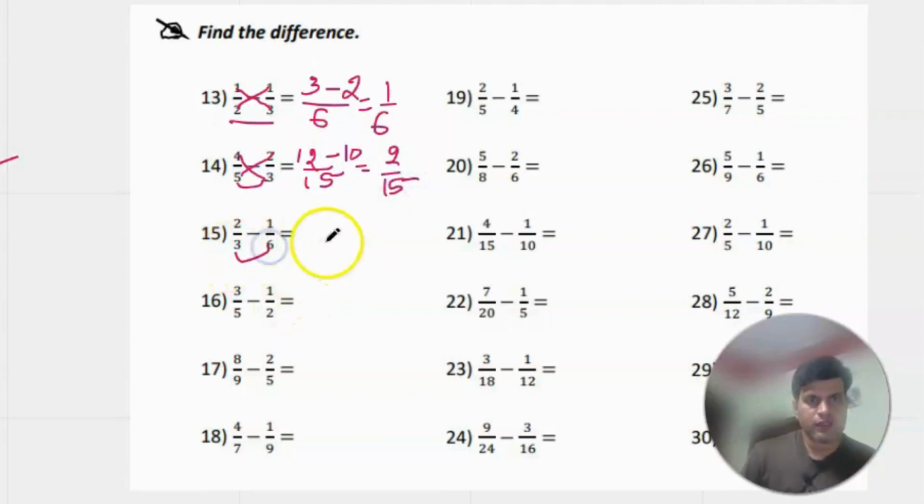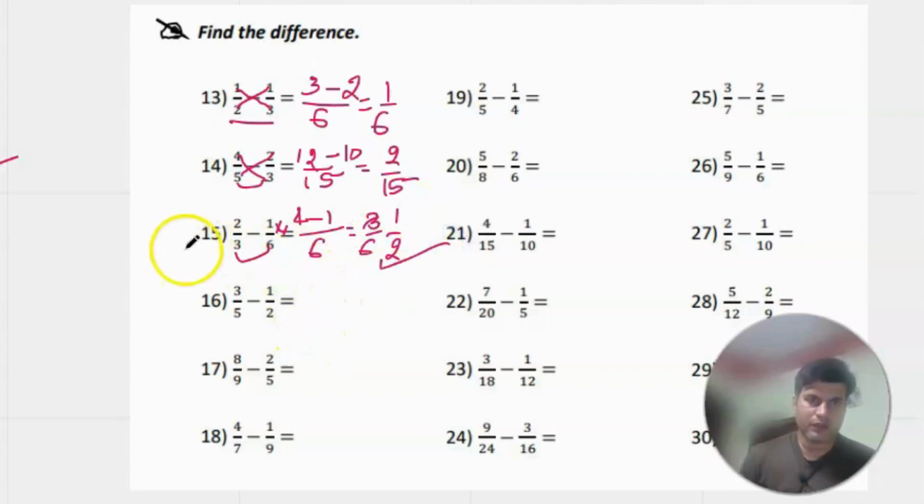And take this one as the LCM, so this is 6. 6 will be here. 3 is divided, 3 2s are 6, so 4 will be here, and 6 1s are 6, so 1 is multiplied here, so that is 1. So it will become 3 by 6. So 3 1s are 3, 3 2s are 6. So this will be our answer.